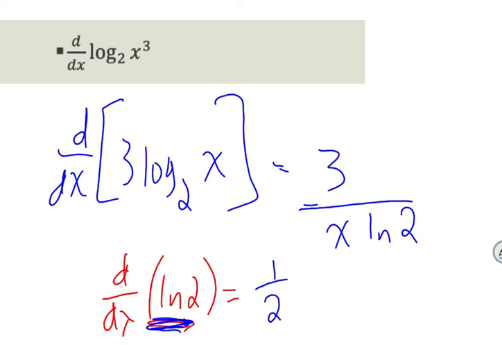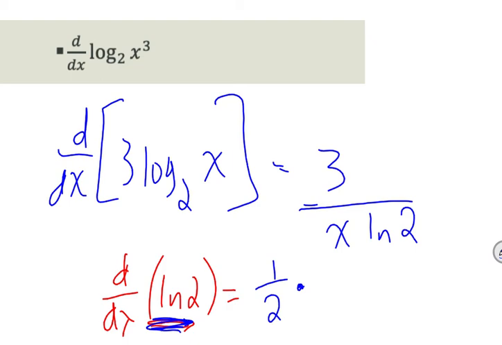Okay? Another way to think of that is if you started it off this way, what else would you need to have on the numerator? Because this is not in terms of x. The derivative of the inside, right?